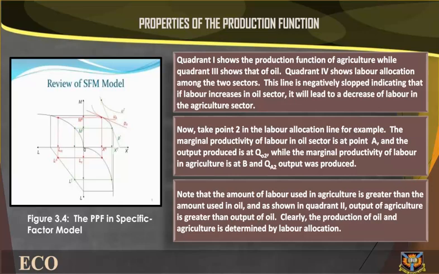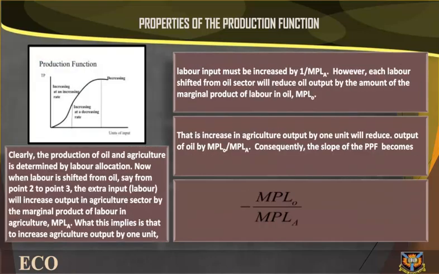Note that the amount of labor used in agriculture is greater than the amount used in oil, and as shown in quadrant 2, output of agriculture is greater than output of oil. Clearly, the production of oil and agriculture is determined by labor allocation.